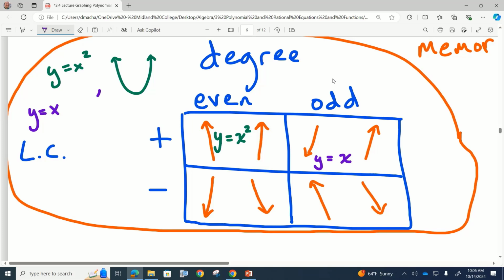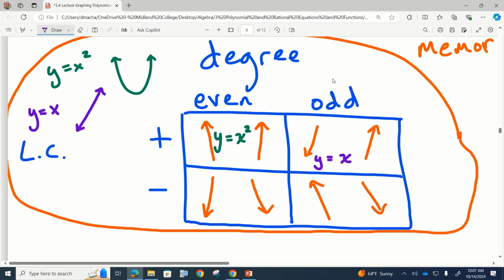We've graphed lines before, and so you know this has a slope of positive 1, so it's going up, it's increasing. And that line must be down on the left and up on the right, and so that's how you fill in the end behavior for that part of the square. And if you can remember that, you got the top half: up, up, down, up.